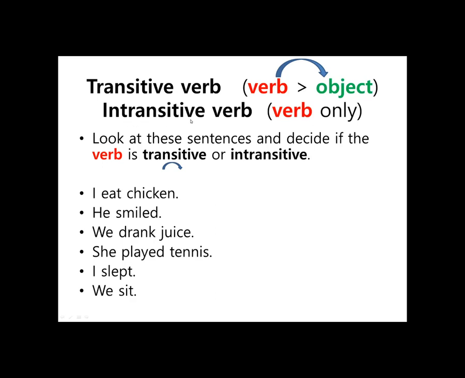And intransitive verbs are just a sentence with the verb only and no object. So pause your video and look at these sentences and decide, are they transitive or intransitive? Okay, let's find out on our next slide.